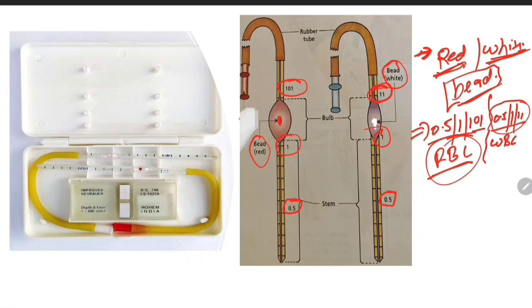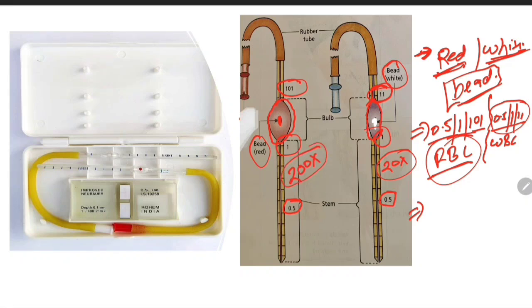One more thing we can consider is the bulb size. In case of WBC, the bulb size is smaller because the dilution we need in WBC counting is only 20 times, so we need a smaller bulb. In case of RBC, as we already discussed in the principle, the dilution is 200 times.